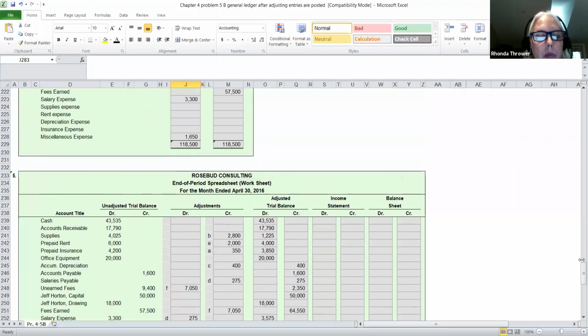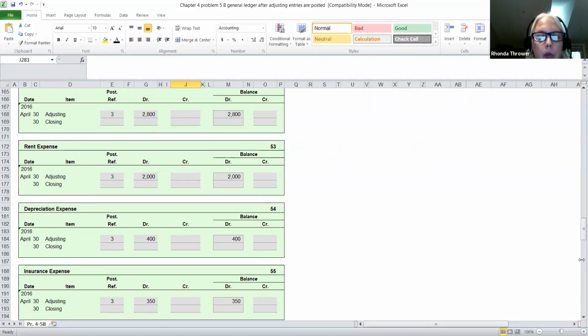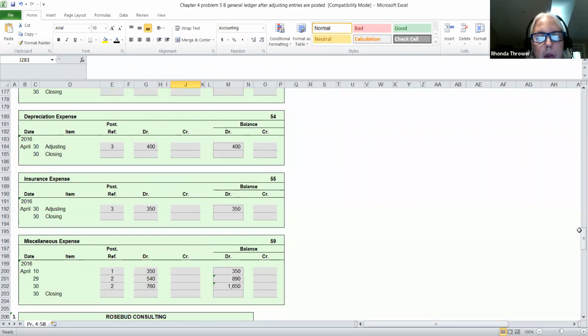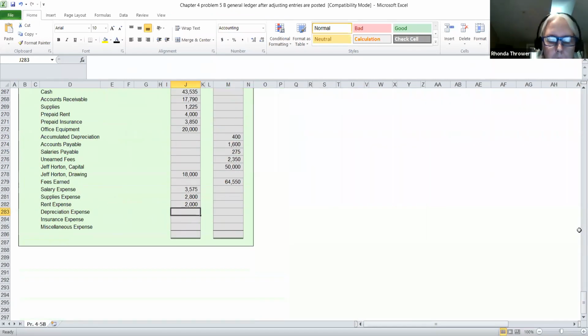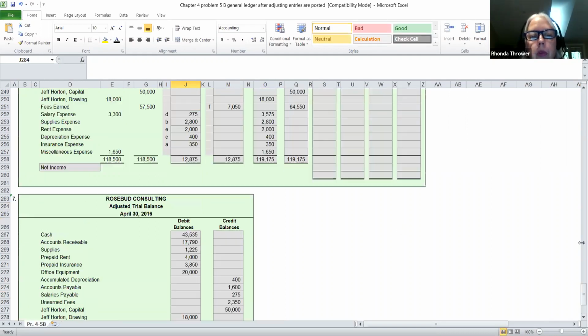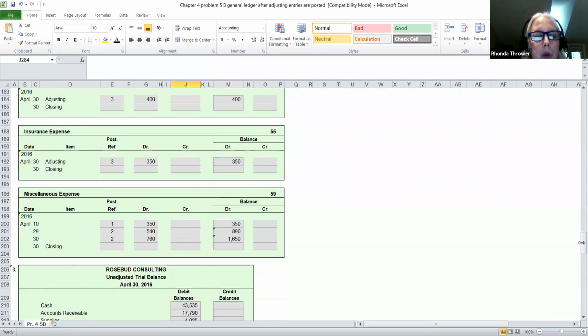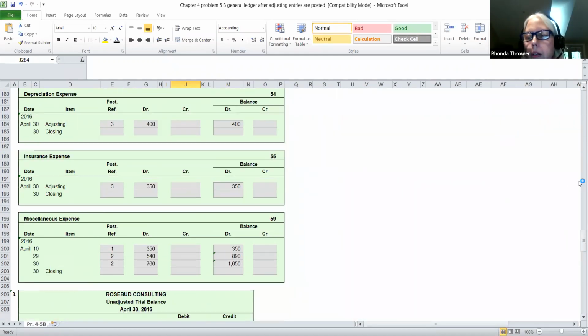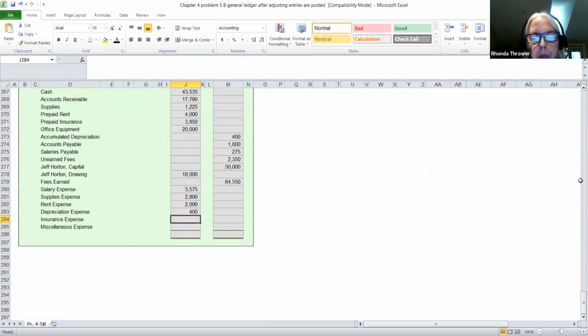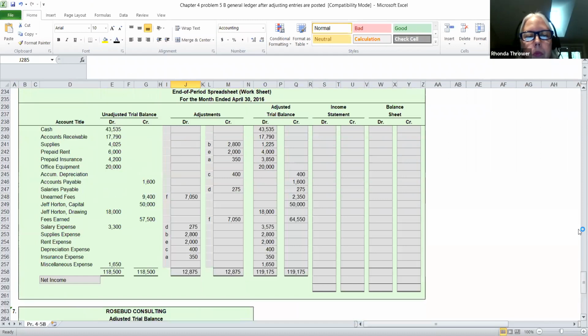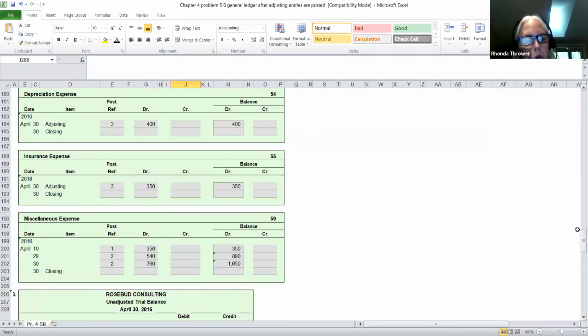Depreciation expense. It's 400. Insurance expense. It's 350. And a miscellaneous expense is 1650.